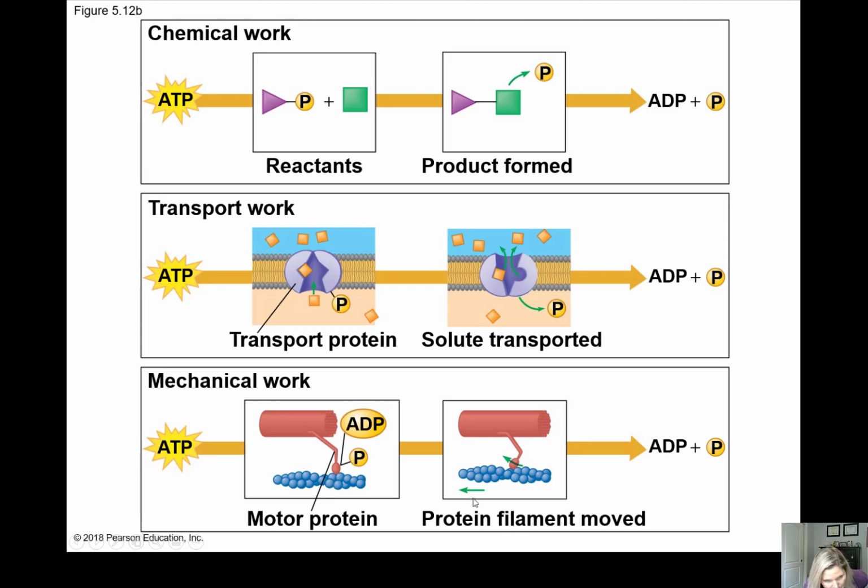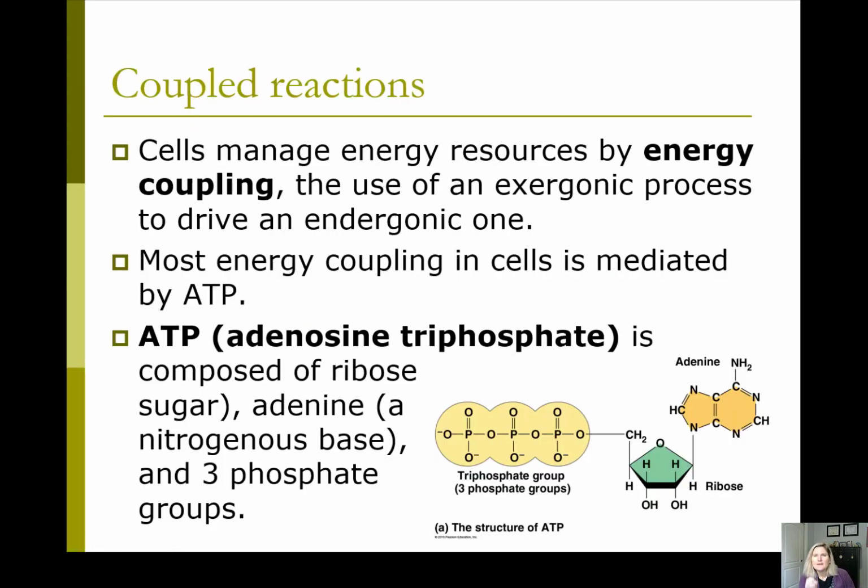You can see how the ATP molecule, as it releases that phosphate, is going to cause a change. That phosphate group is going to add to the motor protein to cause a change, and that's going to cause movement. Okay. So we can see how ATP is going to be used in order for all of these different reactions to occur inside of our body.